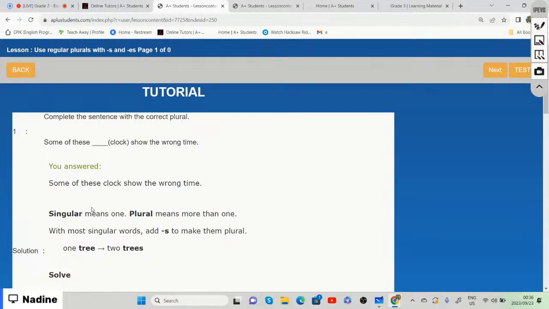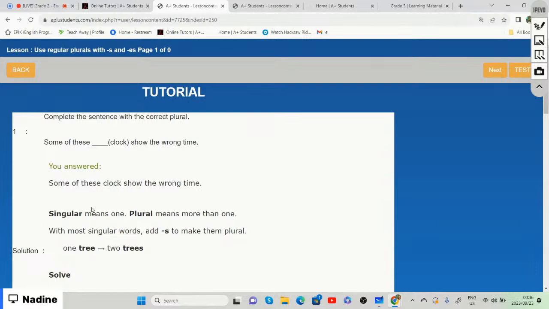And actually most of the words, in order for us to change the word from a singular to a plural, we add an S. For example, one tree, two trees. One ball, two balls. One apple, three apples. Right? So that is where we just add an S and then it shows that the word is plural.